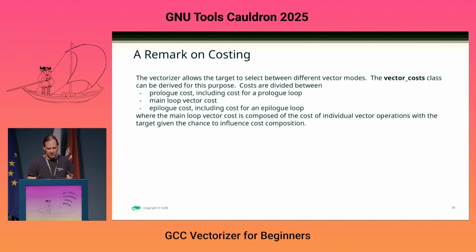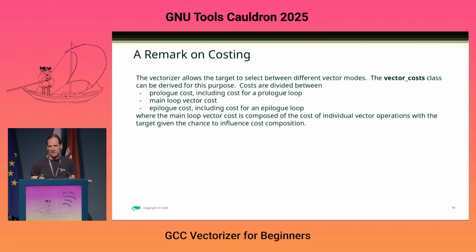So when we are applying costing to a loop vectorization, we are relying on the backend with the vector cost class to get us a cost of the overall scalar loop and of the overall vector loop.